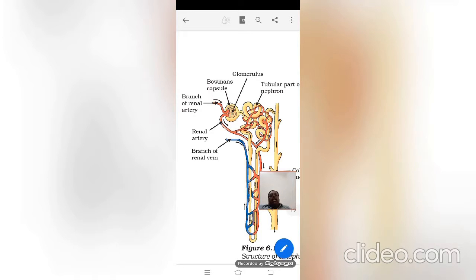It is known as the glomerulus, and the glomerulus is present inside the Bowman's capsule, and the plasma part of the blood will enter through this. From the plasma the filtration takes place. Whatever the balance is will be absorbed back. This is what mainly these nephrons are doing.